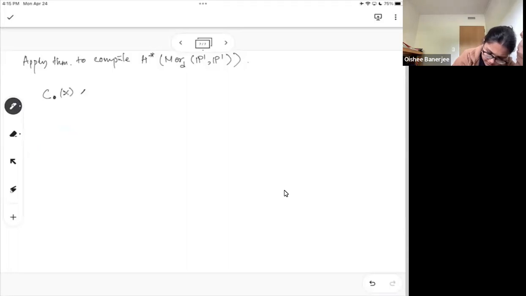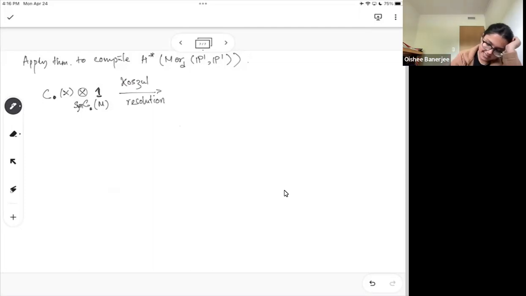There is something like this in the statement. So this can be, you can use say the Koszul resolution.